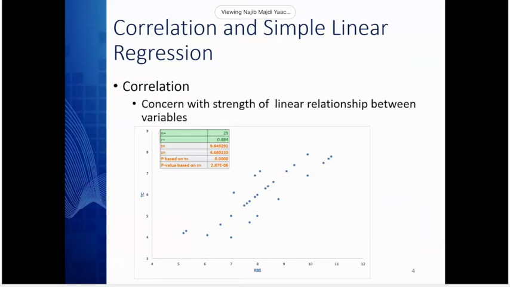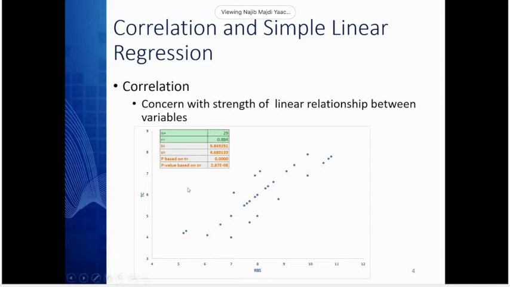And whether the correlation is significant or not, we need to look at the P value. The P value here is 0.0000, which in writing we write as less than 0.001.